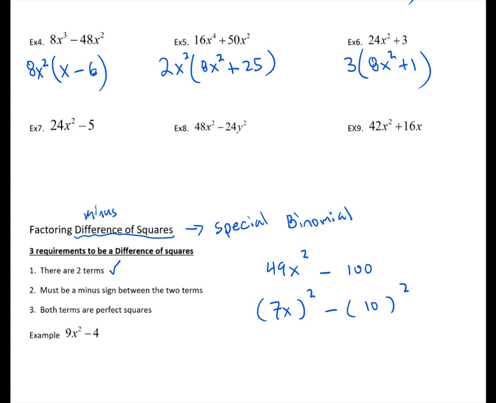So that's how you decide if a binomial is a difference of squares. It has to meet these three requirements right here. It has two terms, a minus sign in the middle, and both terms are perfect squares. If you can make the problem fit this pattern, that means the two terms are perfect squares.